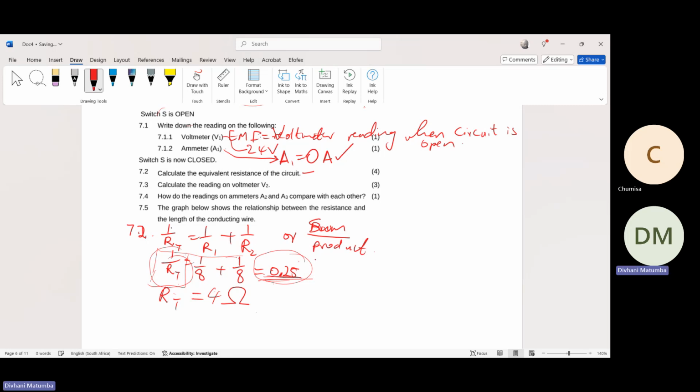Or you can say the sum divided by the product, in which the sum is 8 plus 8 divided by the product, 8 by 8. So what do you get? The sum of the resistances in parallel divided by the product.